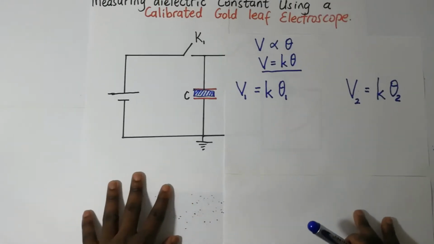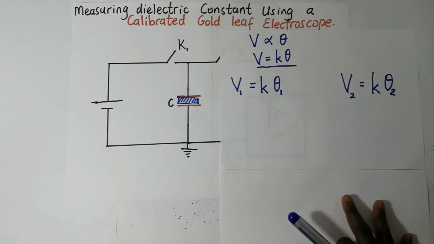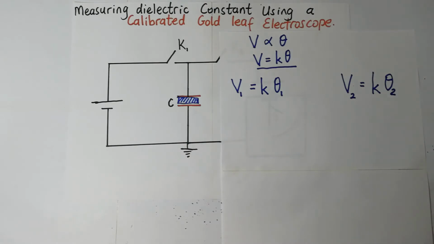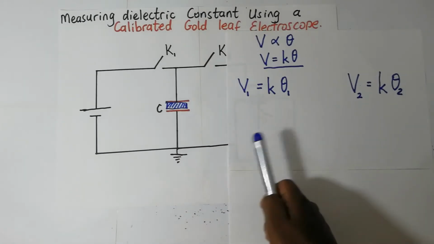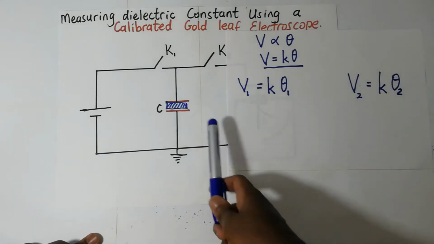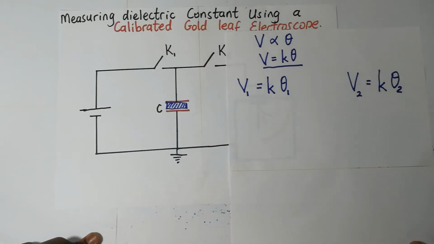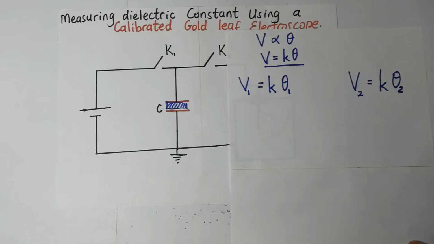After coming up with these two expressions, our interest is in finding the dielectric constant. Remember, by definition the dielectric constant is the ratio of the permittivity of the dielectric to the permittivity of free space, or of a vacuum.